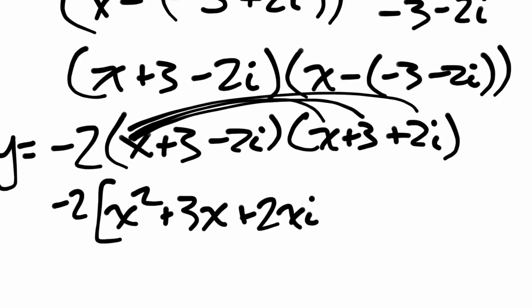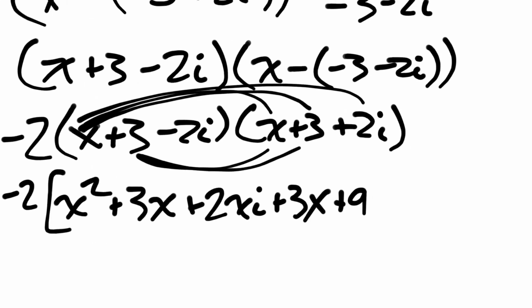2xi. Okay, next term. 3 times x is another 3x. 3 times 3 is a positive 9. 3 times 2i is 6i.